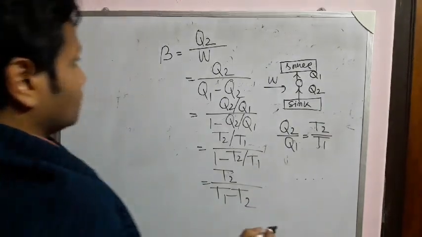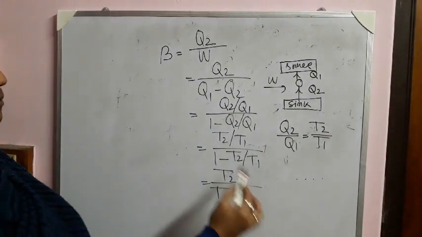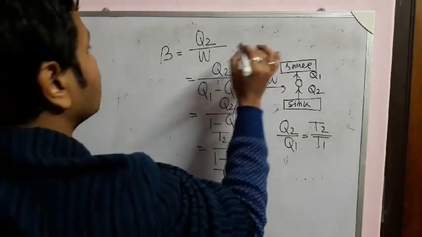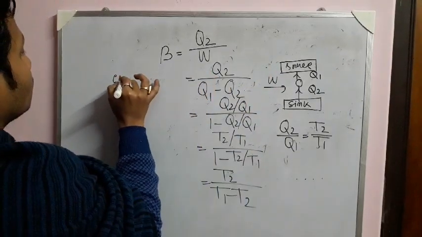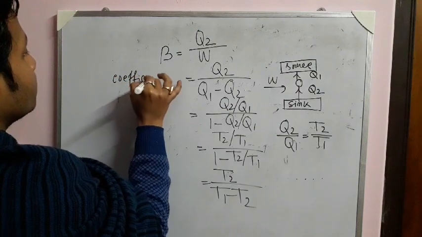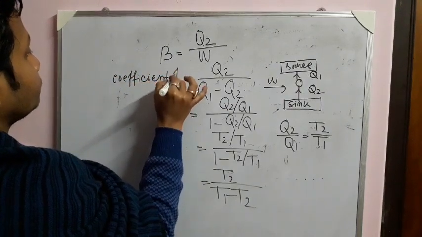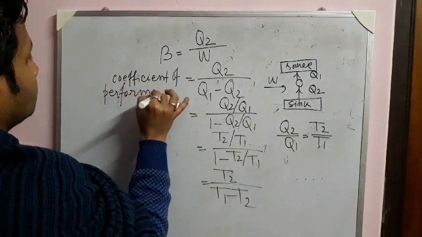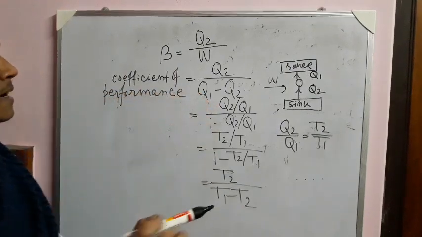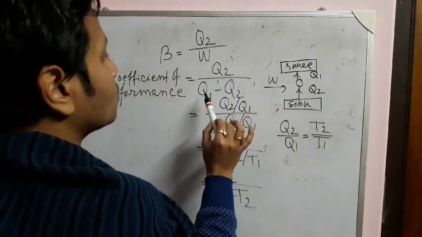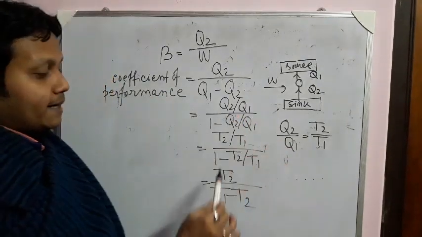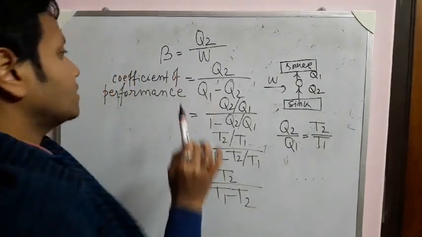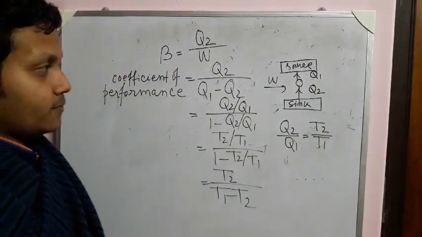This is also an expression of the coefficient of performance in terms of temperature. Thus we see there are two expressions: one is Q2 upon Q1 minus Q2, and another is T2 by T1 minus T2. This is the coefficient of performance of a refrigerator.